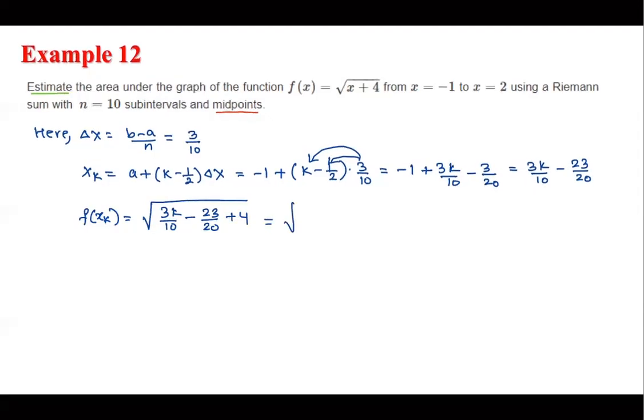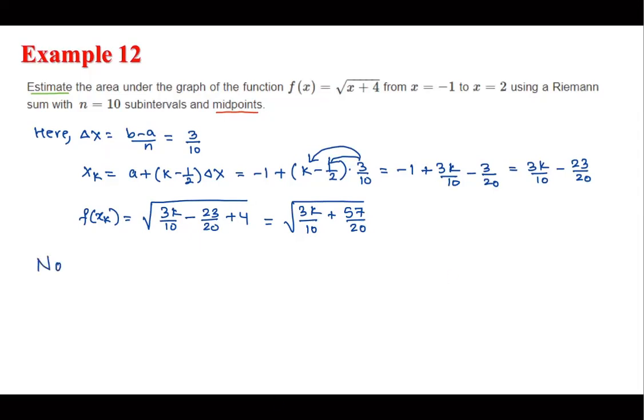This is equal to square root of 3k over 10 plus, since 4 minus 23 over 20 is 57 over 20, 57 over 20. So we get that value, f of xk. Now we can easily estimate the area under the curve.